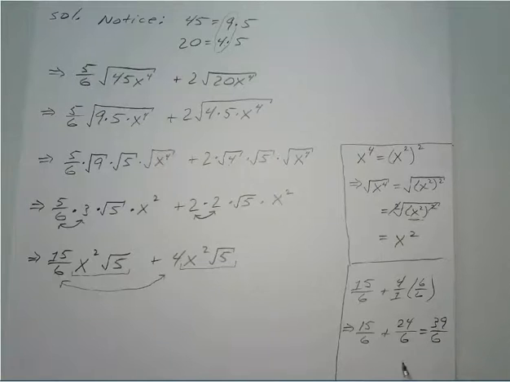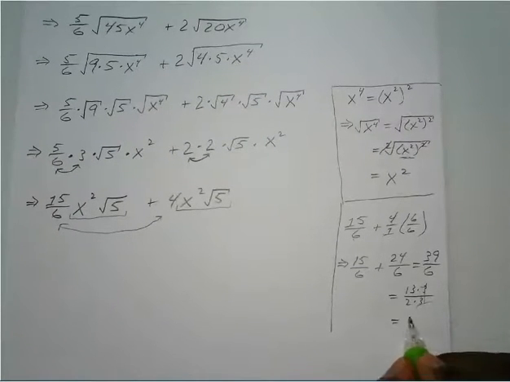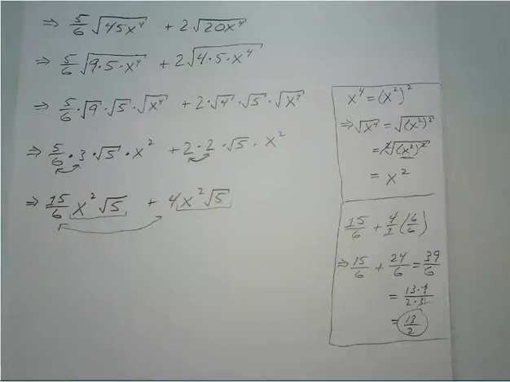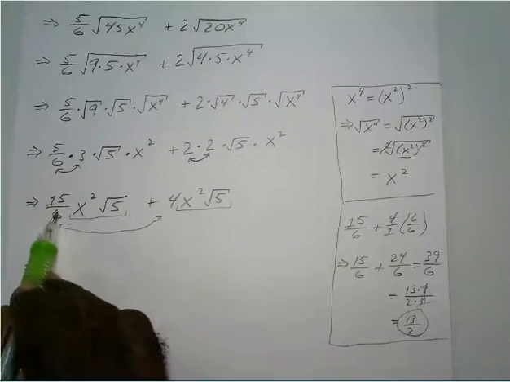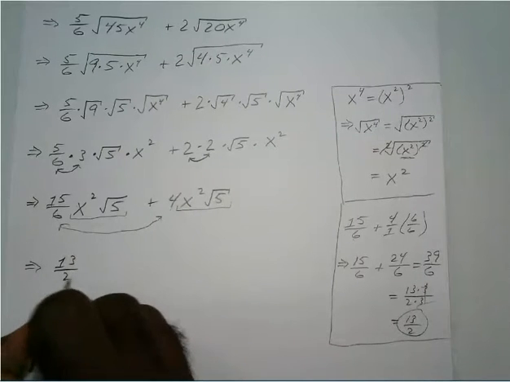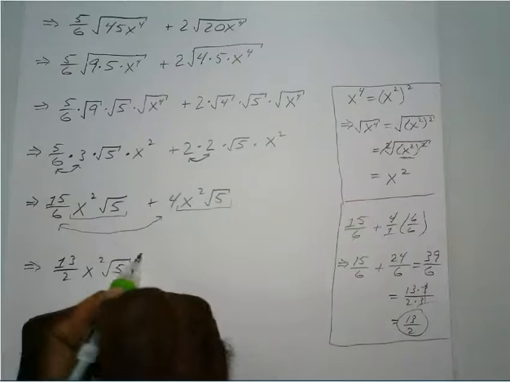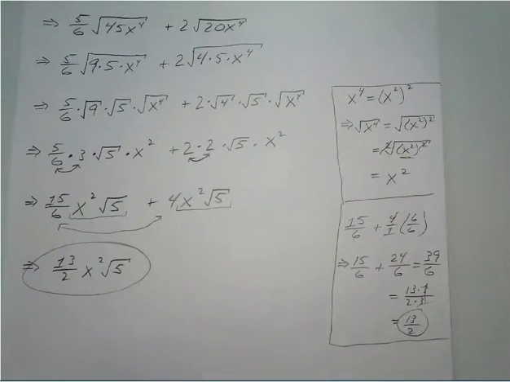Okay, remember 39 is equal to 13 times 3, and 6 is equal to 2 times 3, where anything divided by itself is 1, so those two cancel out. So you end up with 13 over 2. So after combining these two, you end up with 13 over 2 x squared square root of 5 as your final simplified answer.